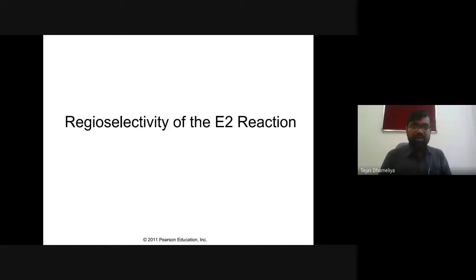The third is called stereoselectivity, which again has 2 types: enantioselectivity and diastereoselectivity. So there are 4 types of selectivity for any reaction: a reaction can be stereoselective, regioselective, enantioselective, or diastereoselective.